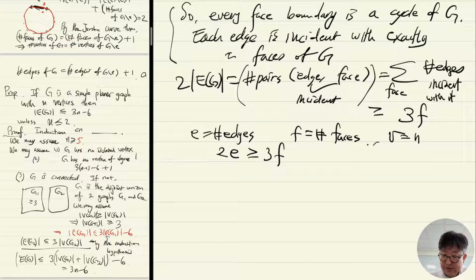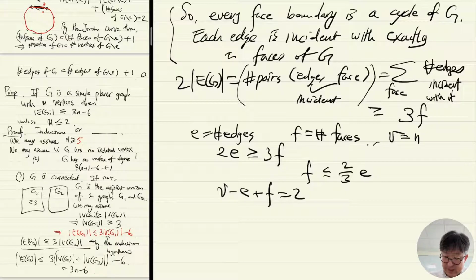So that means f is at most 2/3 of E. So V minus E plus f is 2 because the graph is connected, and f is at most something. So this is V minus E. Okay. Let's use n because I don't want to use different variables.